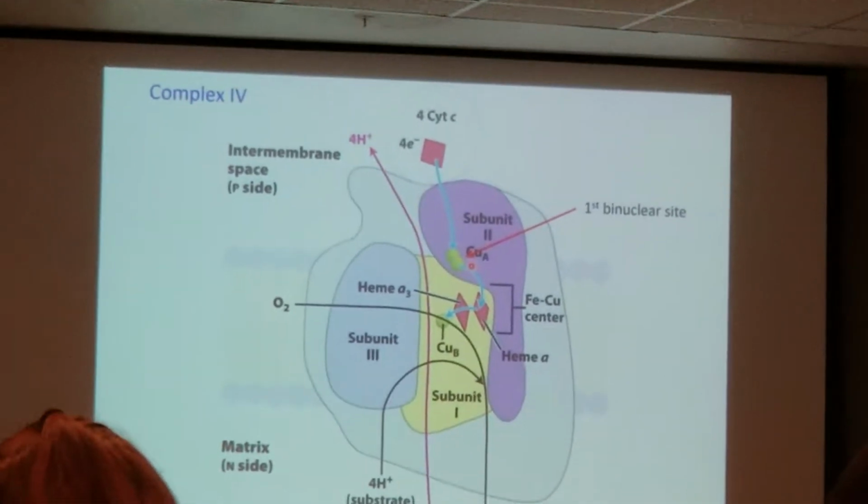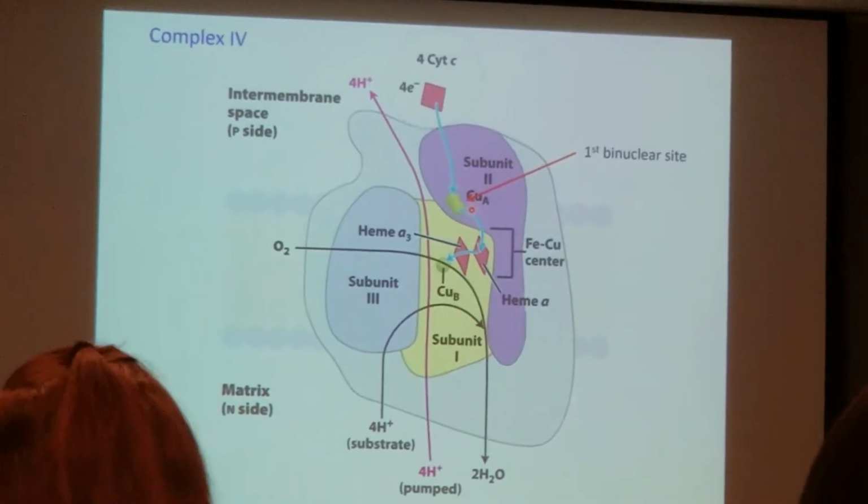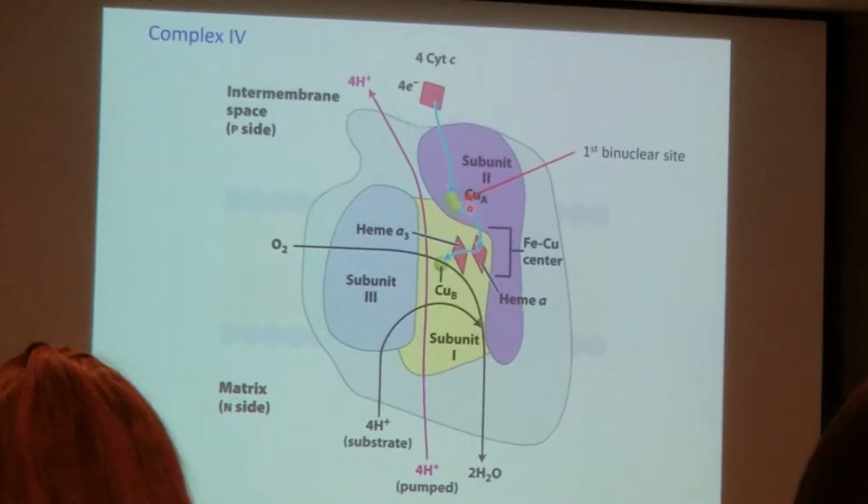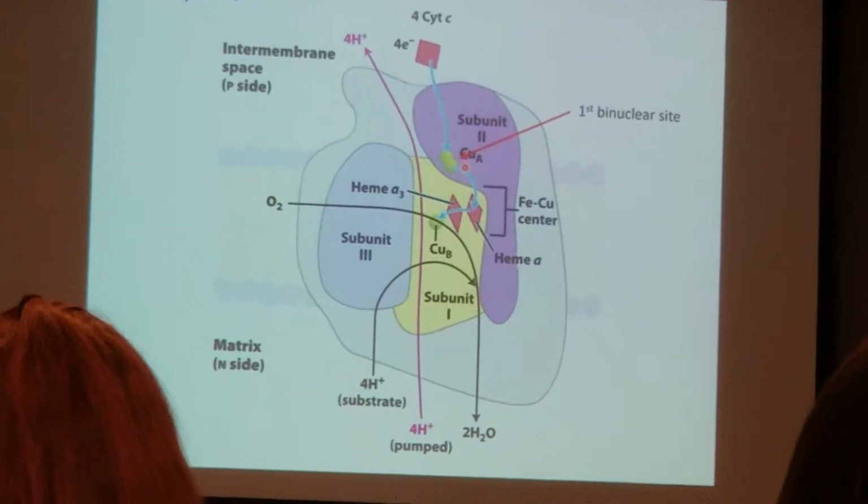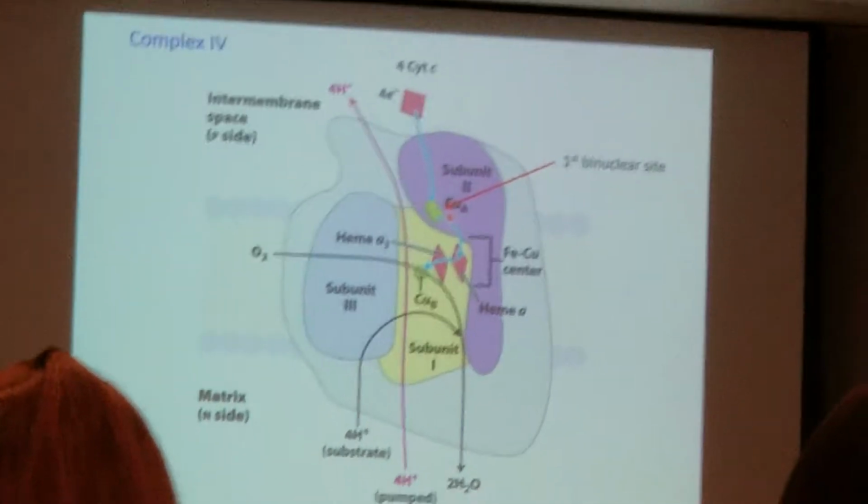So we call that a binuclear site, when two atoms, typically metals, are acting as one.